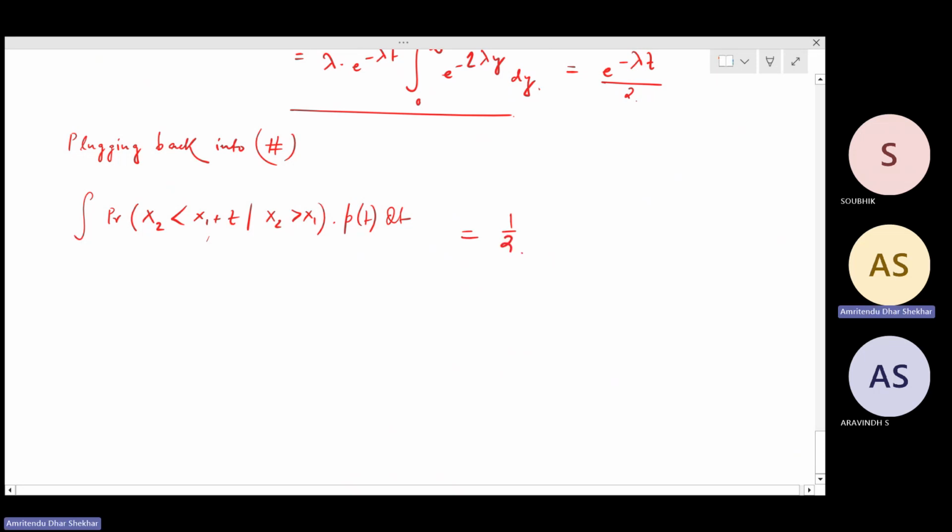Okay, so why does it come out to be equal to half? So what is this expression?